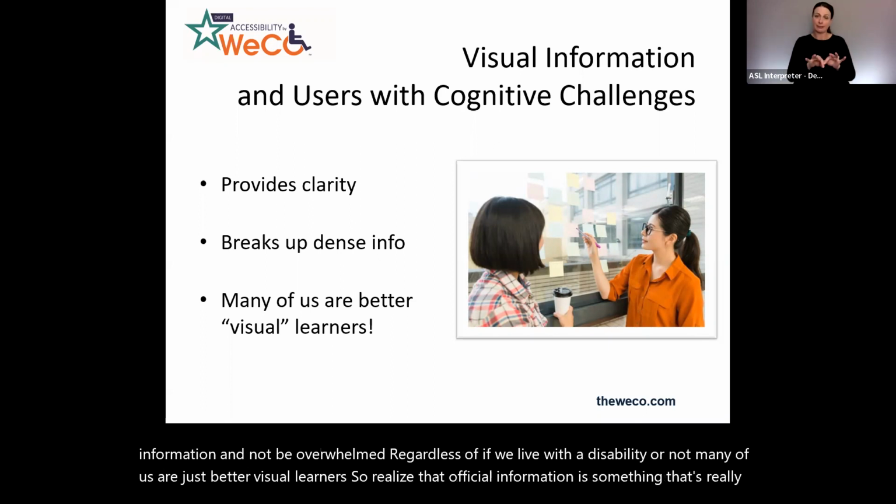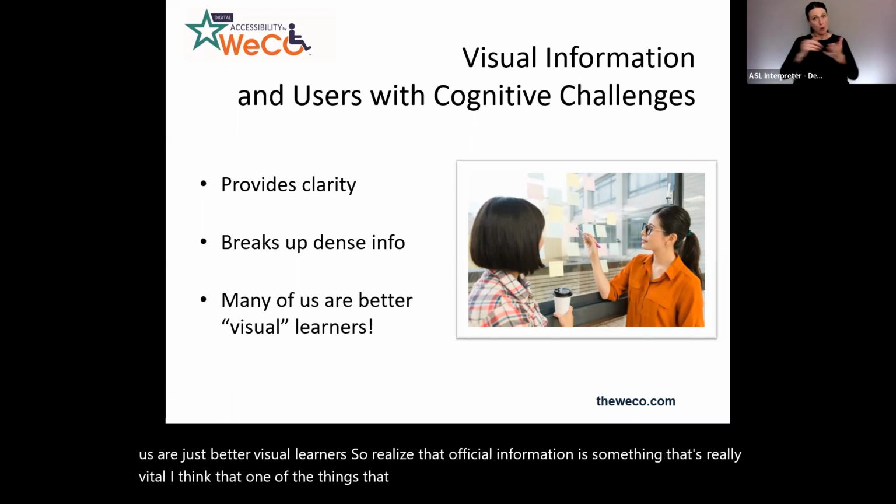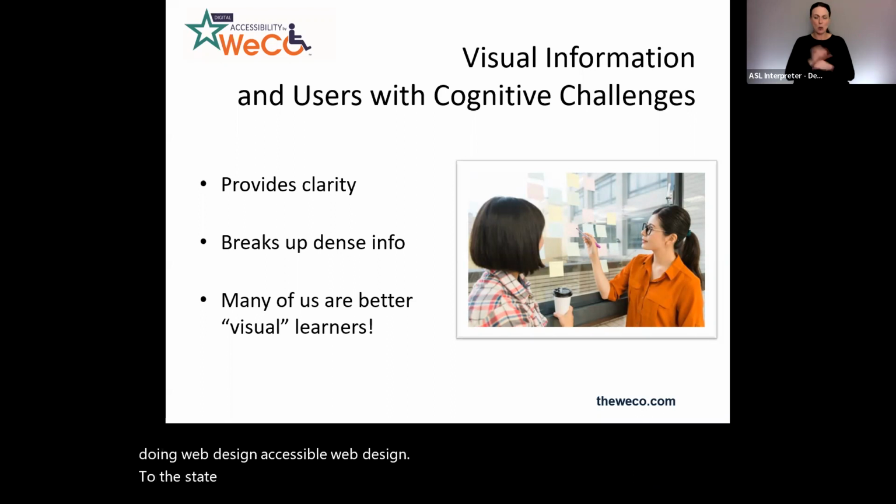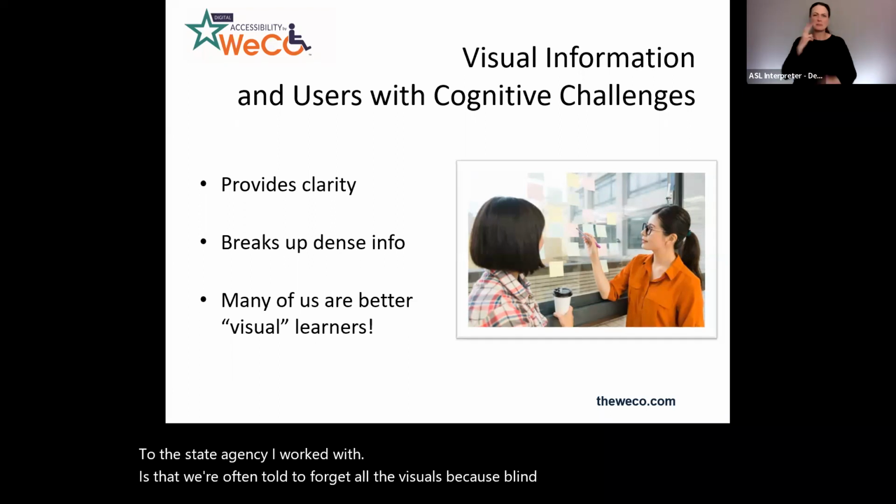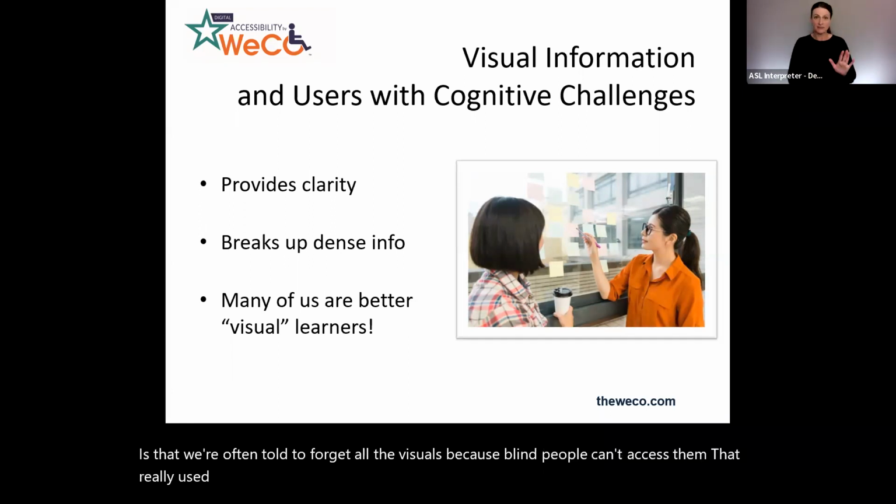I think one of the things that often happens, I know when I started doing accessible web design for the state agency I worked with, is that we're often told to forget all the visuals because blind people can't access them. That really used to be the philosophy about 10, 15 years ago.